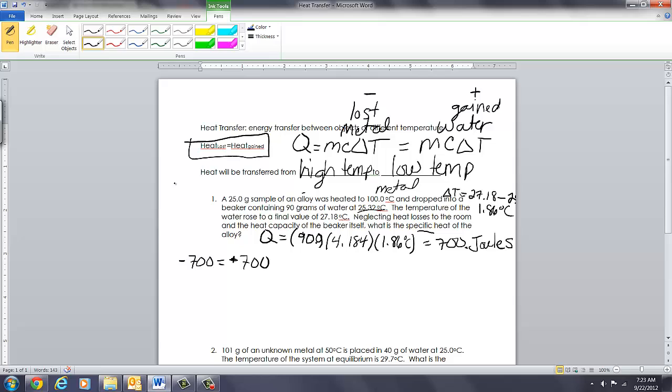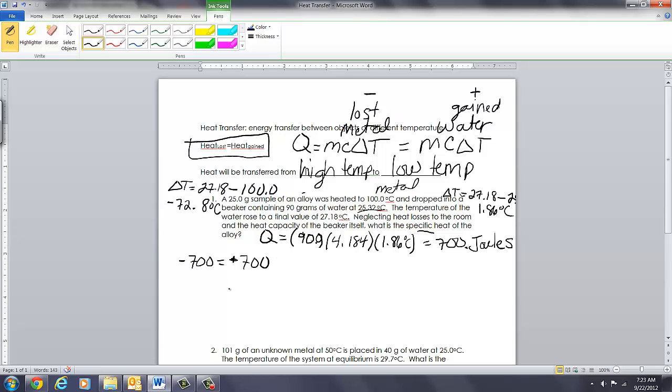We just need to figure out how much did that temperature change for the metal. Well, it also ended at 27.18. But this one started at 100. So the metal went down negative 72.8. Again, that negative just means it was cooling, exothermic, but we know that. That's why it has a negative here.